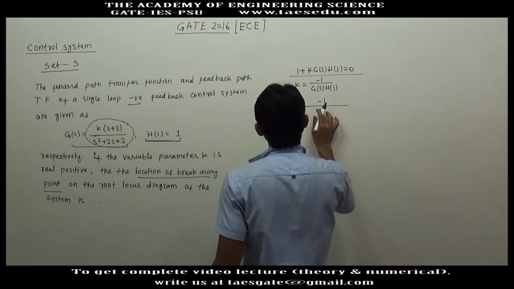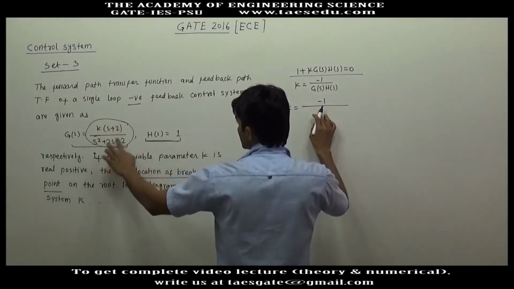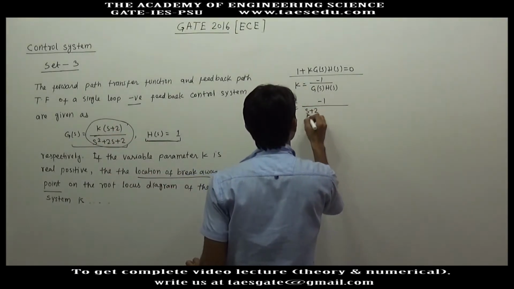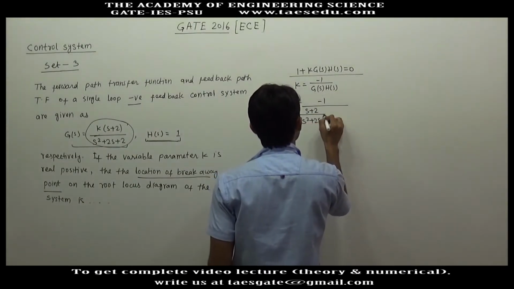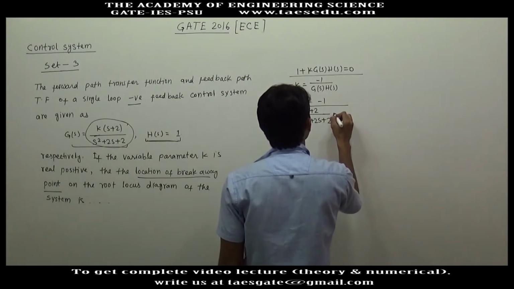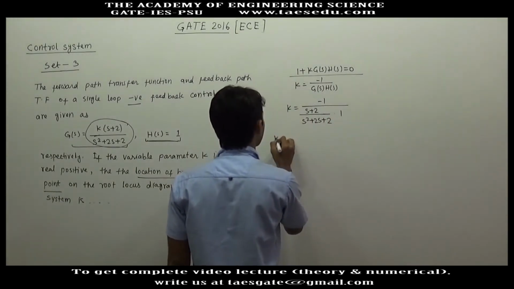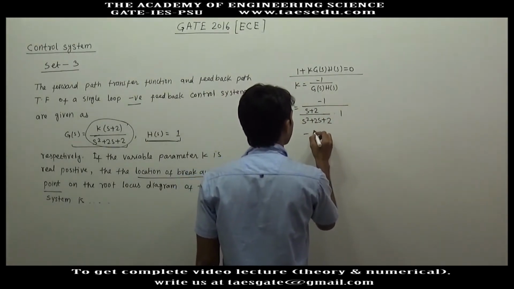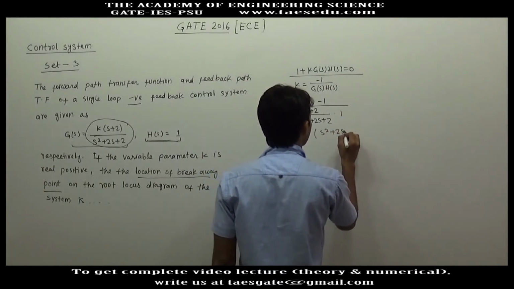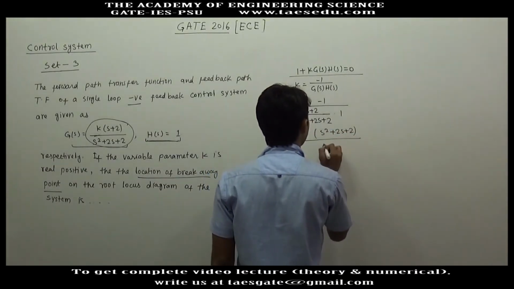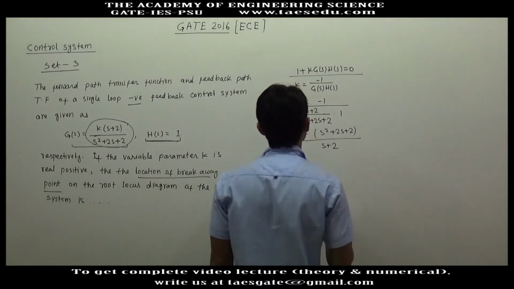So K will be -1 divided by G(S), S plus 2 divided by S square plus 2S plus 2, and H(S) equal to 1. So K will be minus of S square plus 2S plus 2 divided by S plus 2.